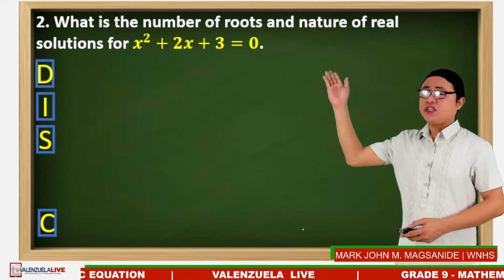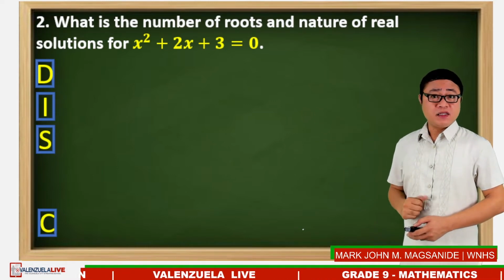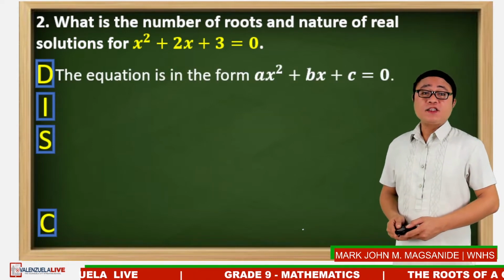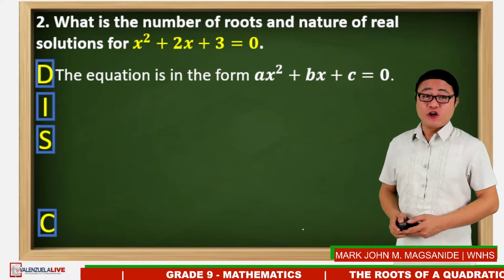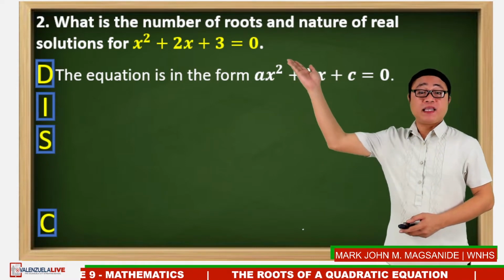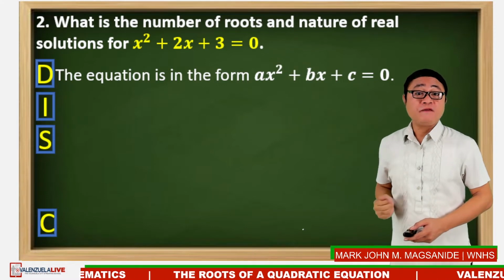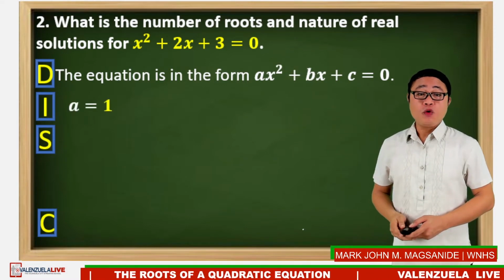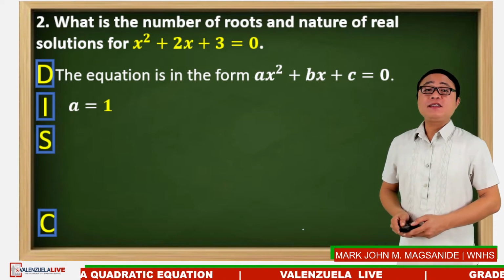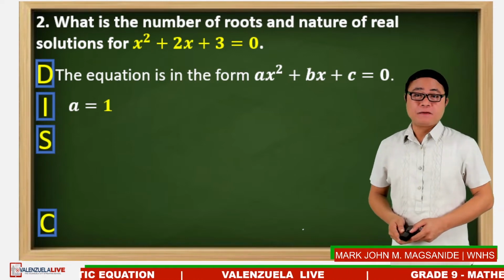By observation, the given is in standard form. Next is to identify the values of a, b, and c. From the given quadratic equation in standard form, a is equal to 1, b is equal to 2, and c is equal to 3.